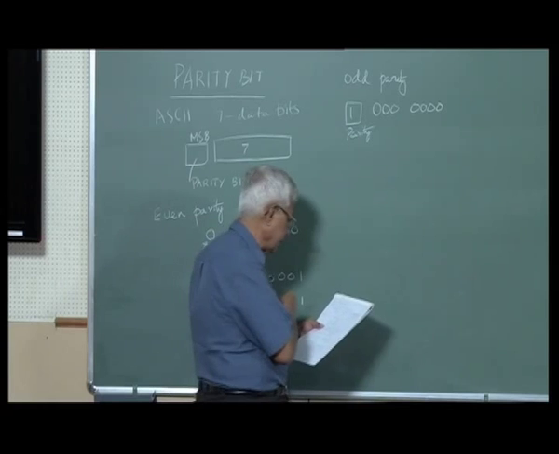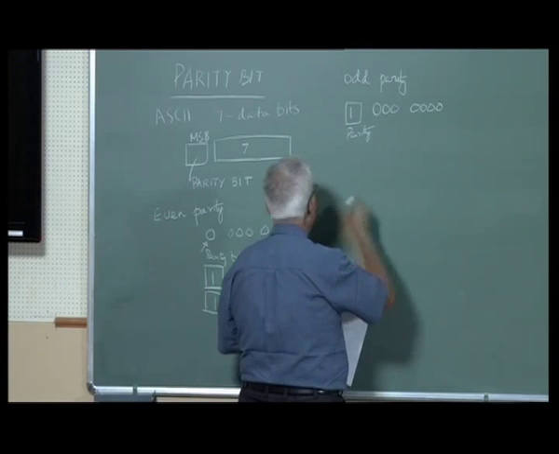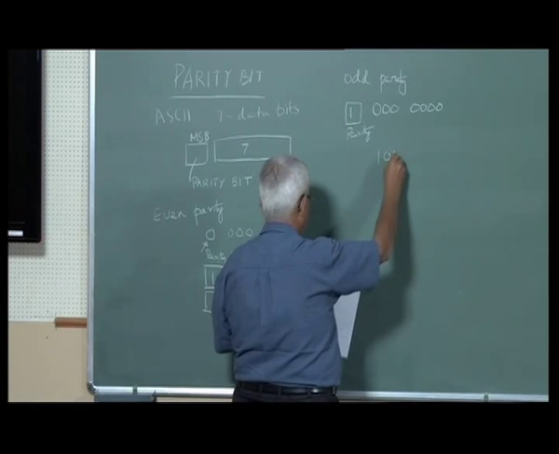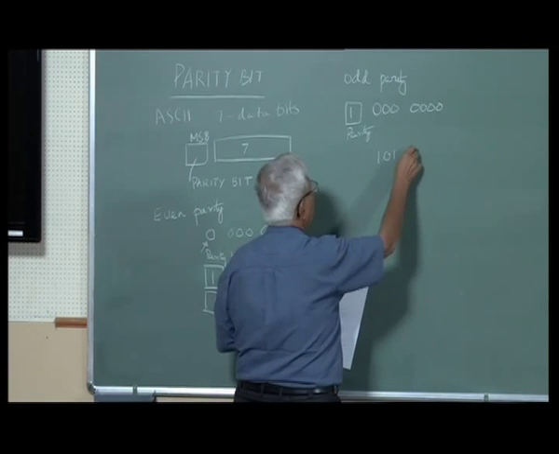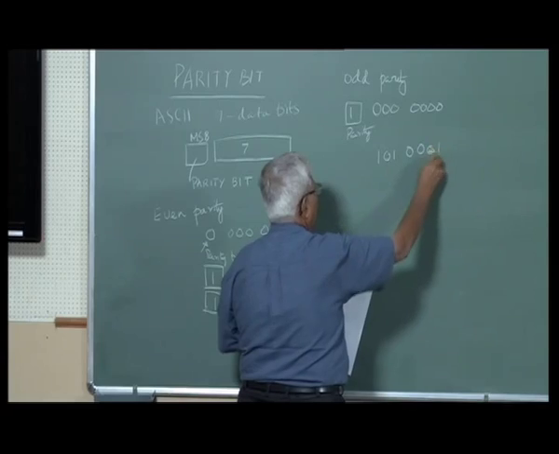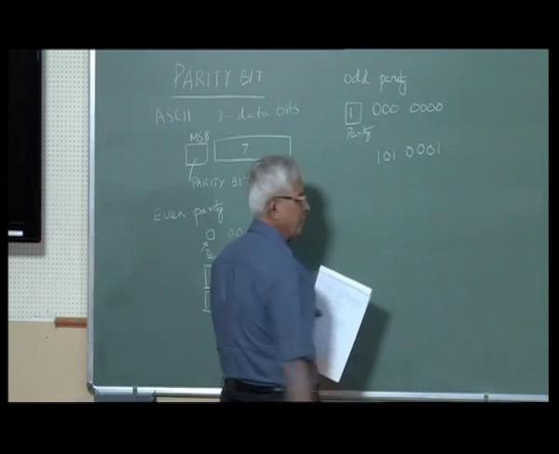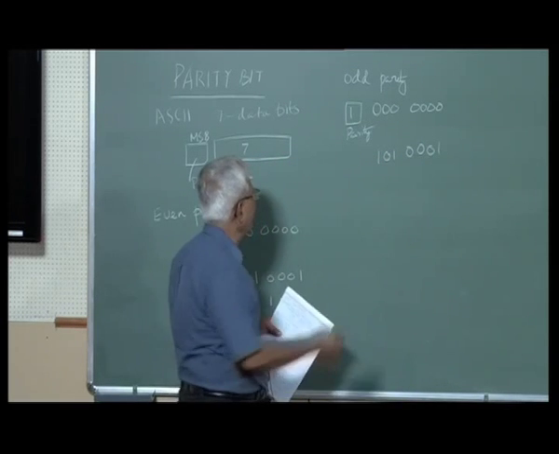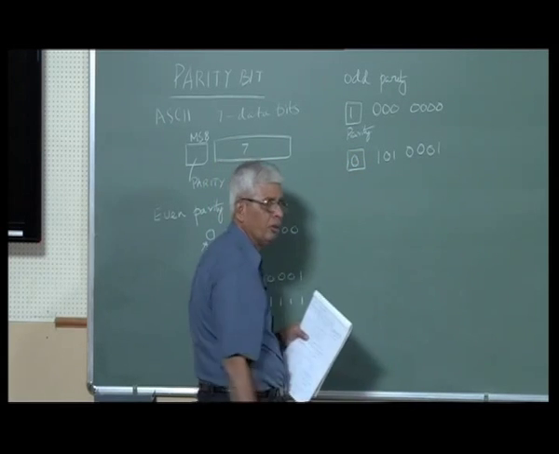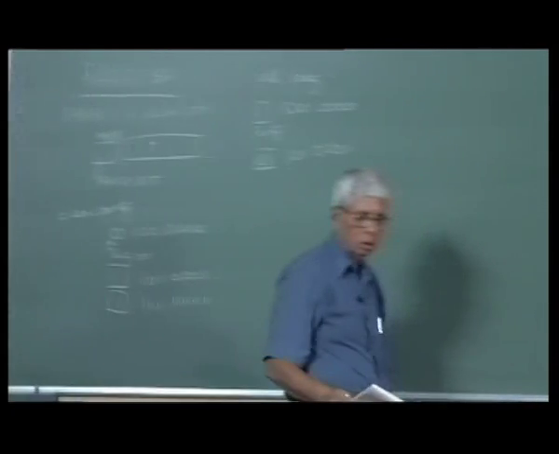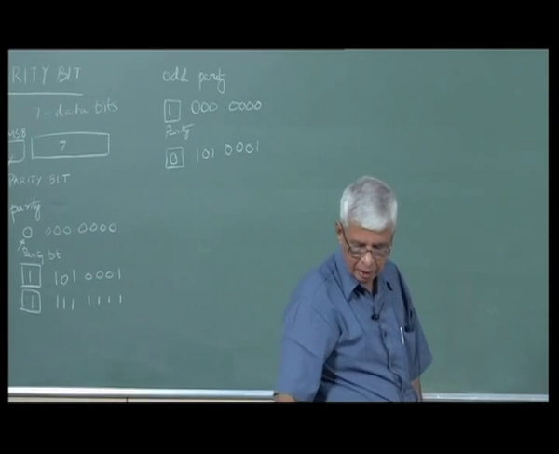If we take the second example, the number of ones is already odd, so I put a 0 here. So the total number of ones in the bit string is odd, which is 3.